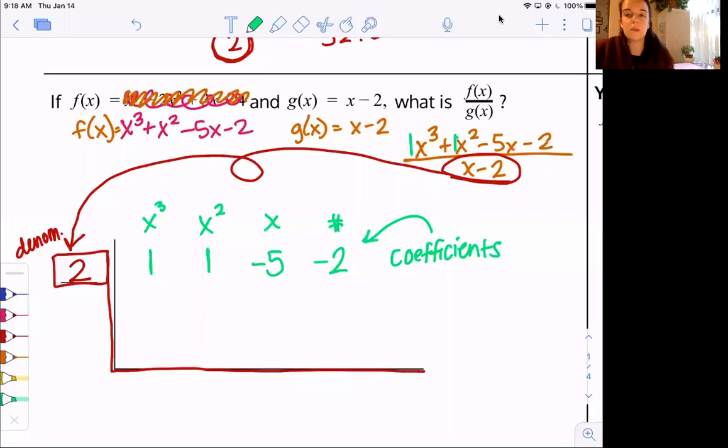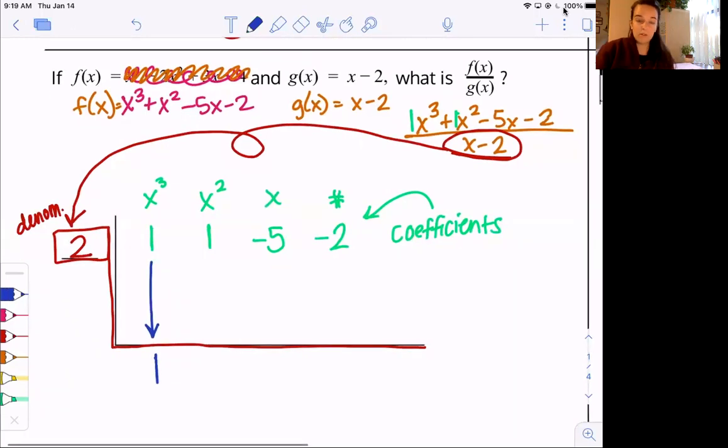Awesome. Okay. So now I'm going to actually start the division process. The first thing that I do is I take the 1 and I pull it straight down, and I put the 1 underneath. Now I have to multiply by this number over here, the 2, that's my multiply number.